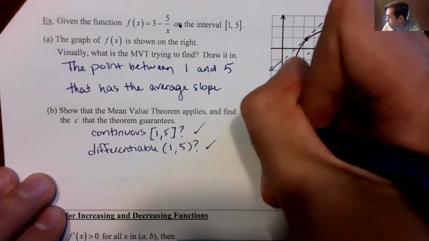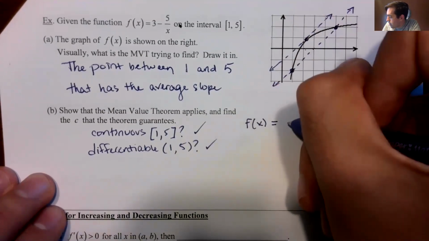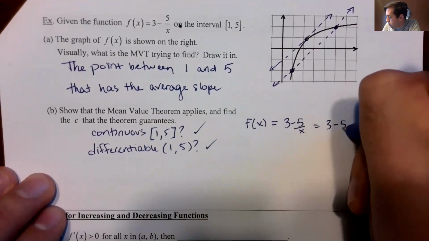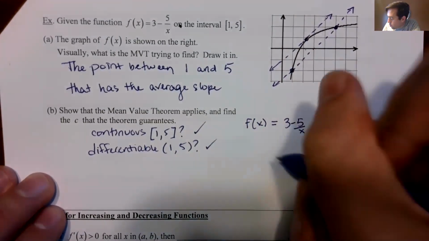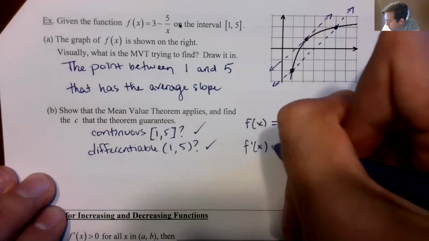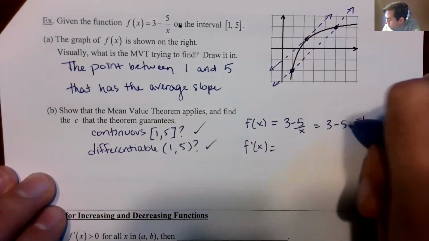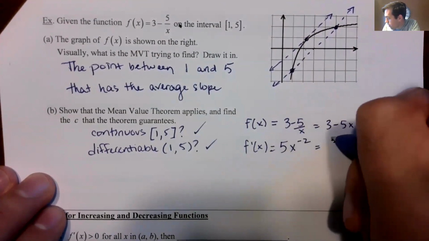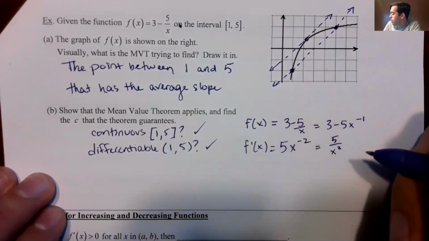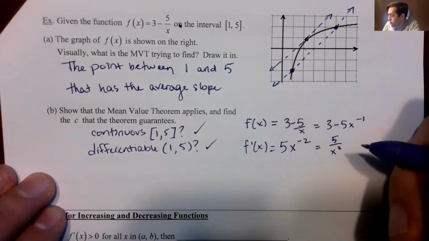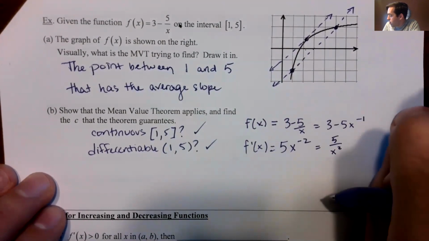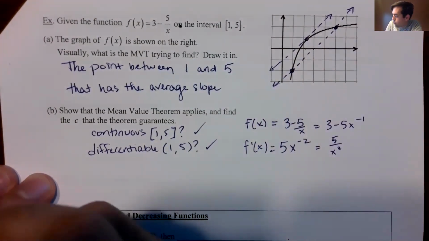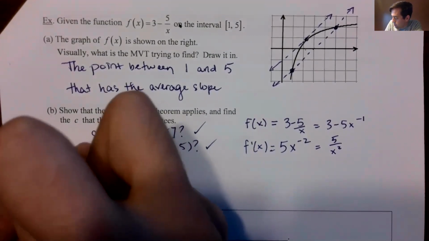So our f of x is 3 minus 5 over x, which I'm going to rewrite as 3 minus 5x to the negative 1. So our first derivative, the 3 goes away, and negative 1 times negative 5 is positive 5, x to the negative 2, or 5 over x squared. And so what we want to do now is we know that our average slope is 1, and we could prove that with this formula.